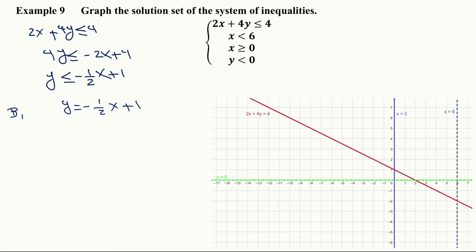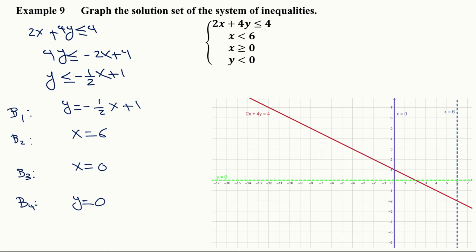We'll call that B1 since there's 4 of them. For this inequality, the boundary graph equation will be x equals 6. We'll call that B2. For the next one, the boundary graph equation will be x equals 0. We'll go ahead and call that B3. And for the last one, it'll be y equals 0. So we'll call that B4.